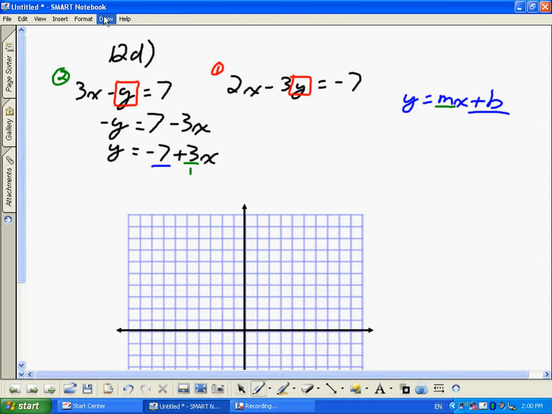Our other equation, we need to rearrange it again, equal to y. We're going to move 2x to the other side. It becomes negative 2x. I need to isolate y, so I need to divide each number by negative 3.